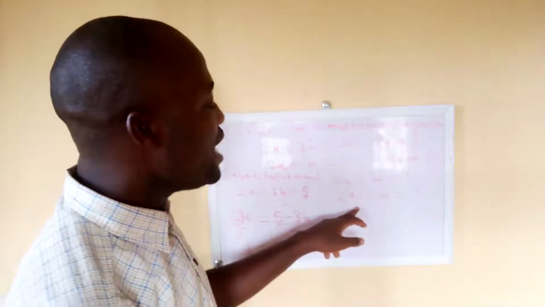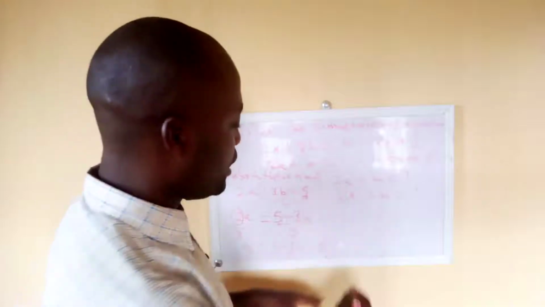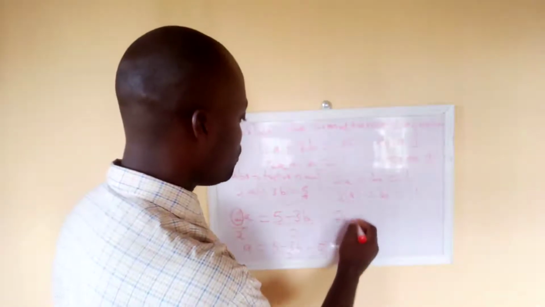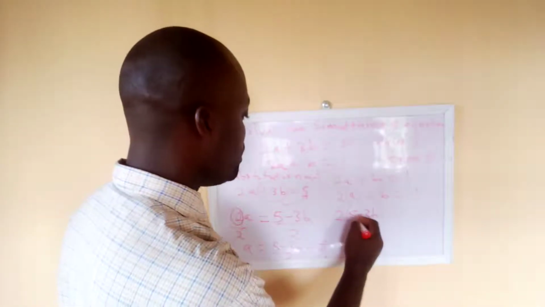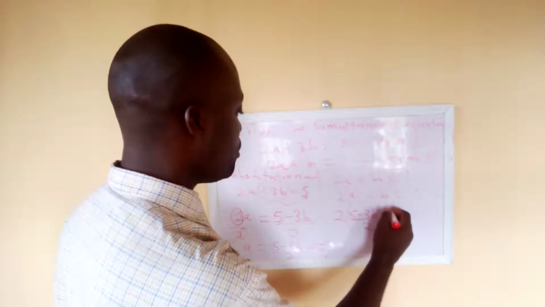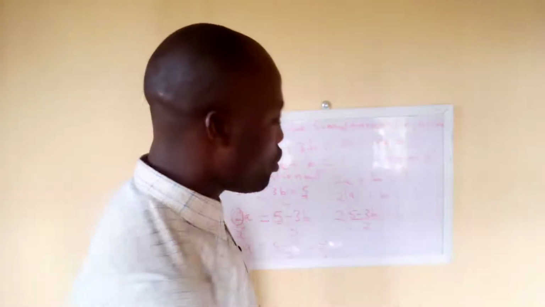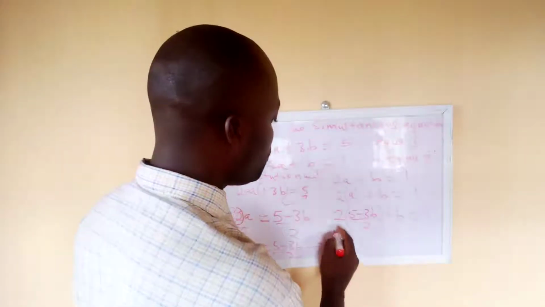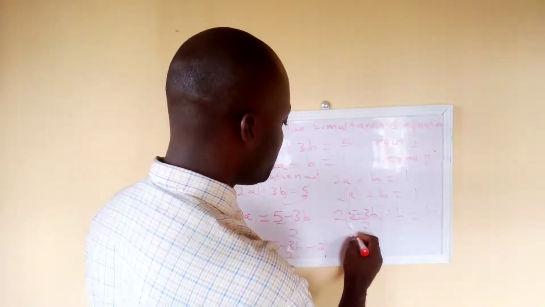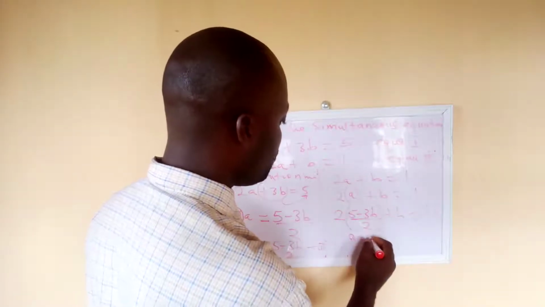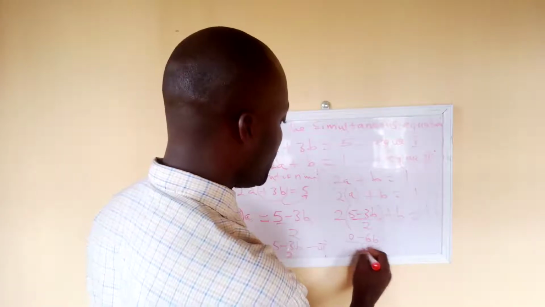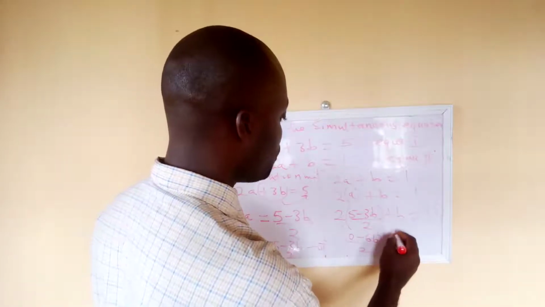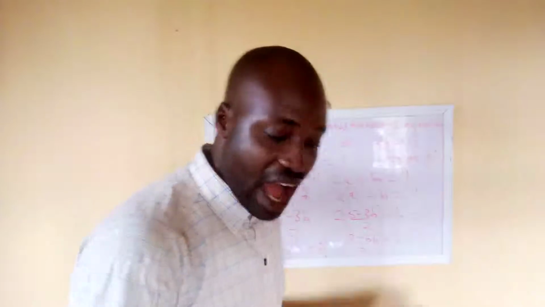That is why I enclose it in a bracket. So you have 2 into 5 minus 3b over 2 plus b equal to 1. We want to use this 2 to open it. 2 multiplied by 5 will give us 10. 2 multiplied by 3b will be 6b, all divided by 2, then plus b equal to 1.